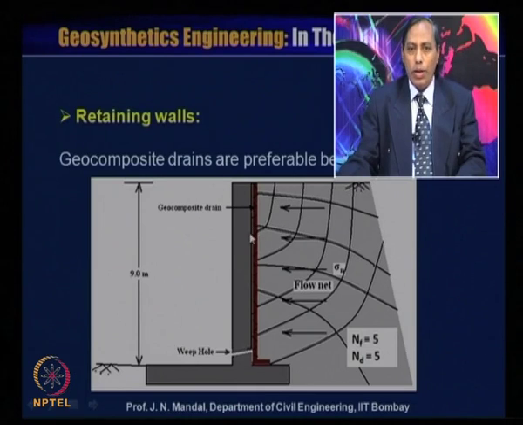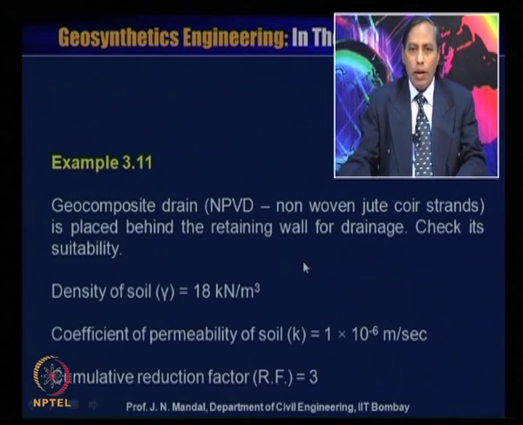Most of the cases we provide polymer geocomposite material, as I showed you. But for our example, we have considered the non-woven jute coir strand as a geocomposite material, because we have performed some tests and we have some results, and we want to show you how it can be used by providing it at the back of the wall.